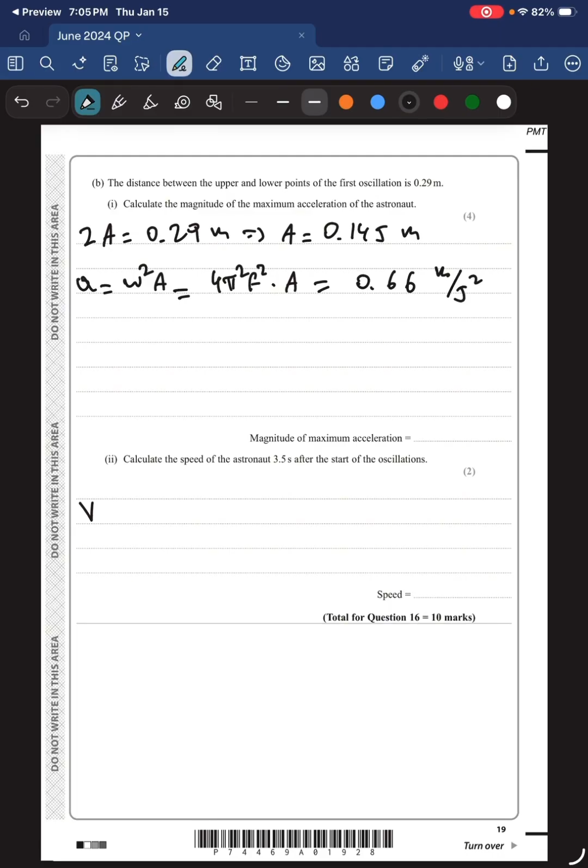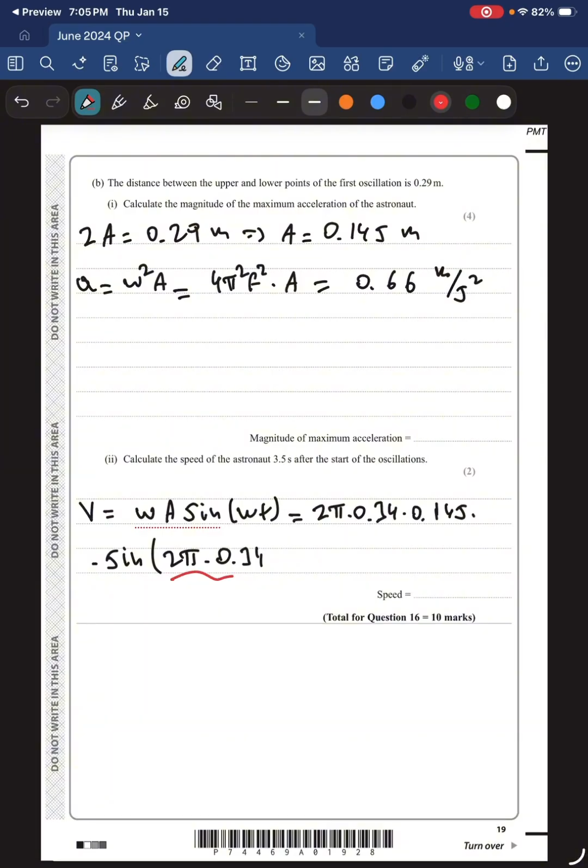So you can use the speed as omega a times sine omega t, okay? So omega is 2 pi times the frequency, which is 0.34, times the amplitude, which is 0.145. And then we have to multiply with the sine of 2 pi times the frequency, which is omega. This is omega, right?